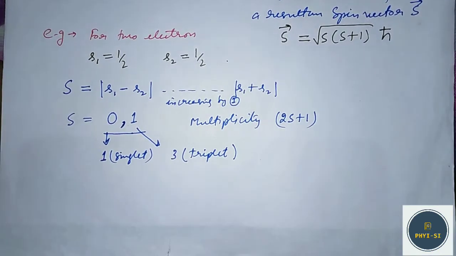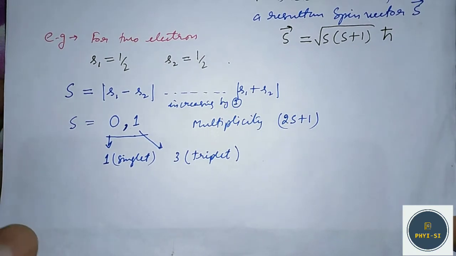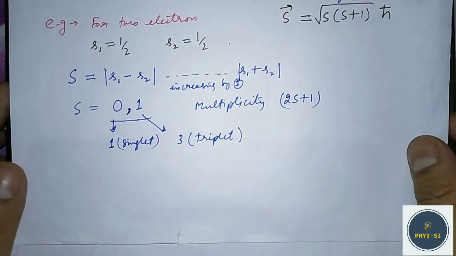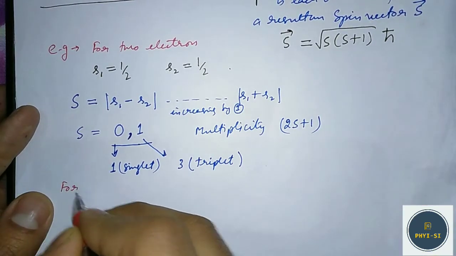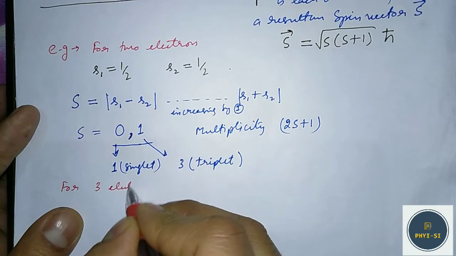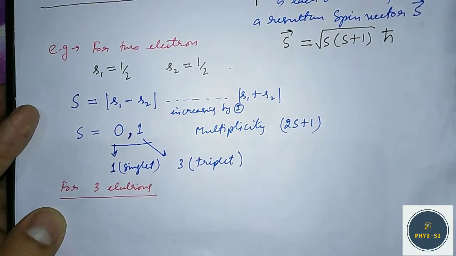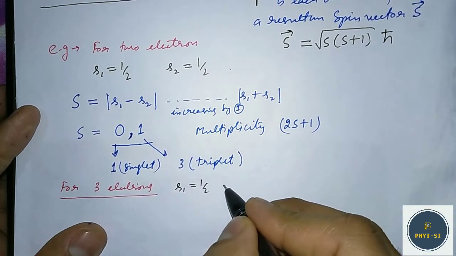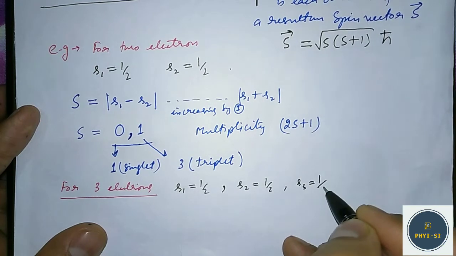Let us take another example for 3 electrons. Let's say s1 is 1 by 2, s2 is 1 by 2, s3 is 1 by 2.